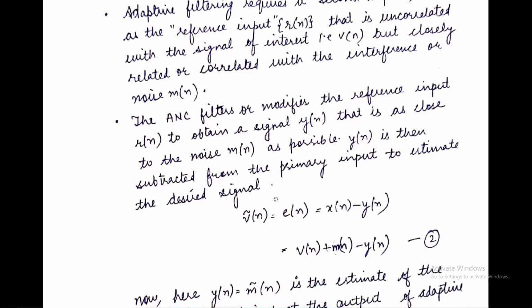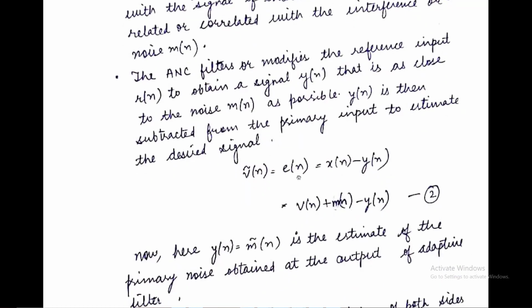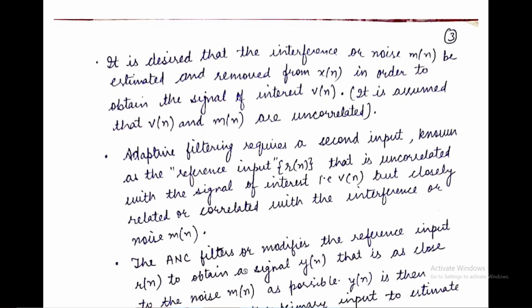So V cap n is nothing but an error signal, which is the desired signal Xn minus Yn, and Xn here is the combination of Vn plus Mn, and we are subtracting this Yn, which is the estimate of the noise. We can also write Yn as M tilde n, the estimate of the primary noise obtained at the output of the adaptive filter. Again, you can refer to the figure.